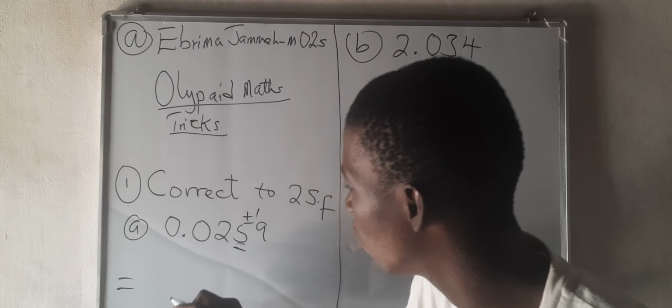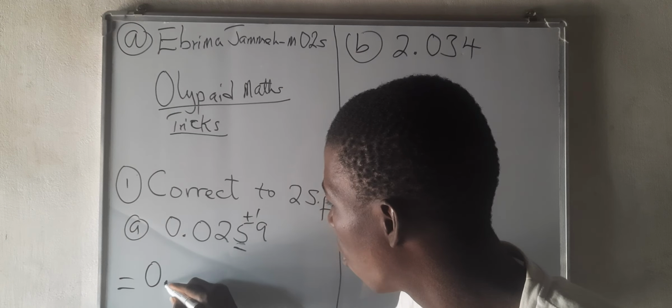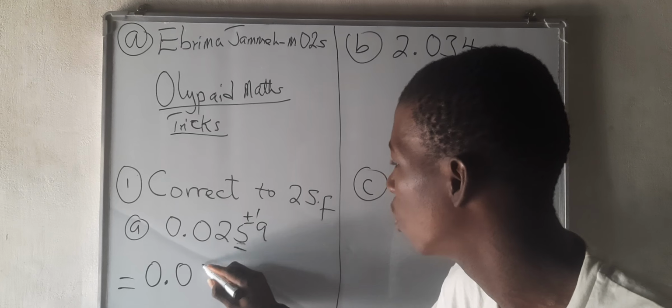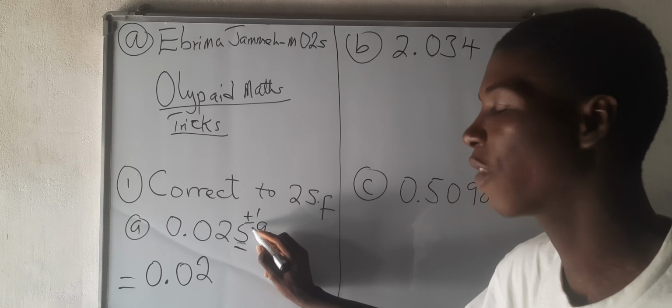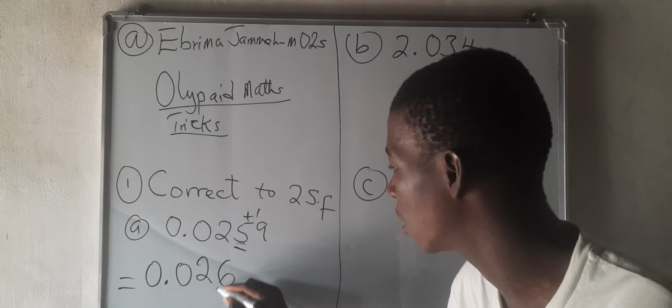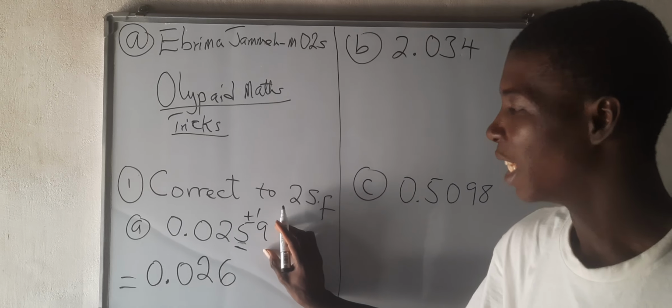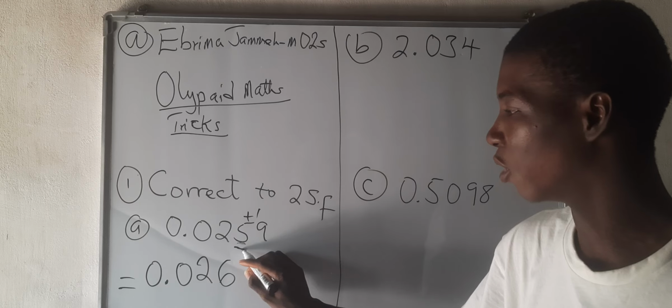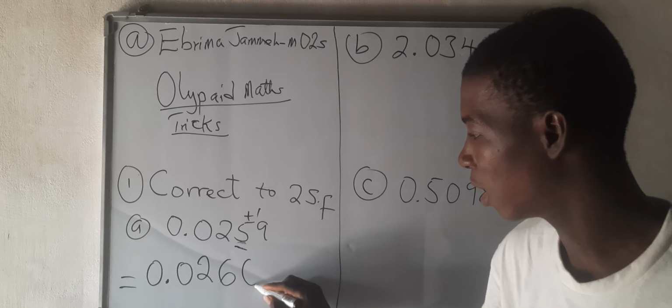Now, to correct this, we say this is 0.02. This 5 has now changed to 6 because we rounded up. That will now be 6. Now, the number after the point of concentration, we represent it as 0.